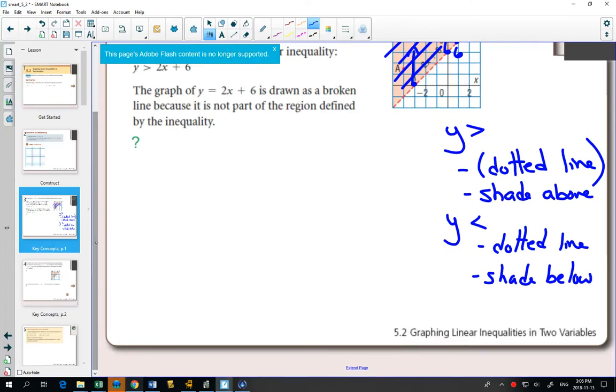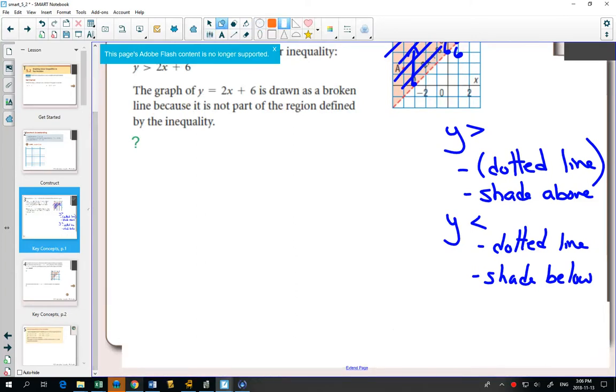The other inequalities that could appear, you could also have y is greater than or equal. How do you decipher between the greater than and the greater than or equal? Instead of a dotted line, you have a solid line. And where are you going to shade for y is greater than or equal?